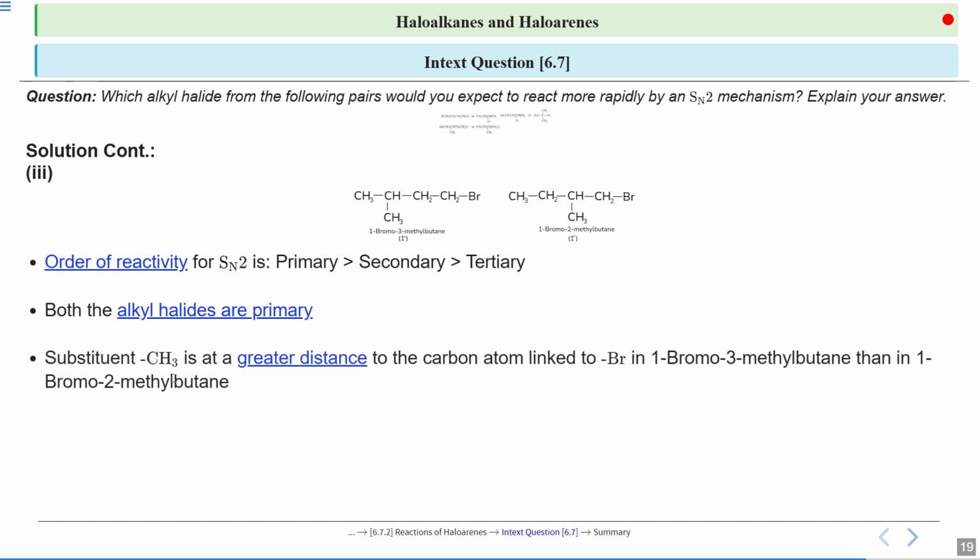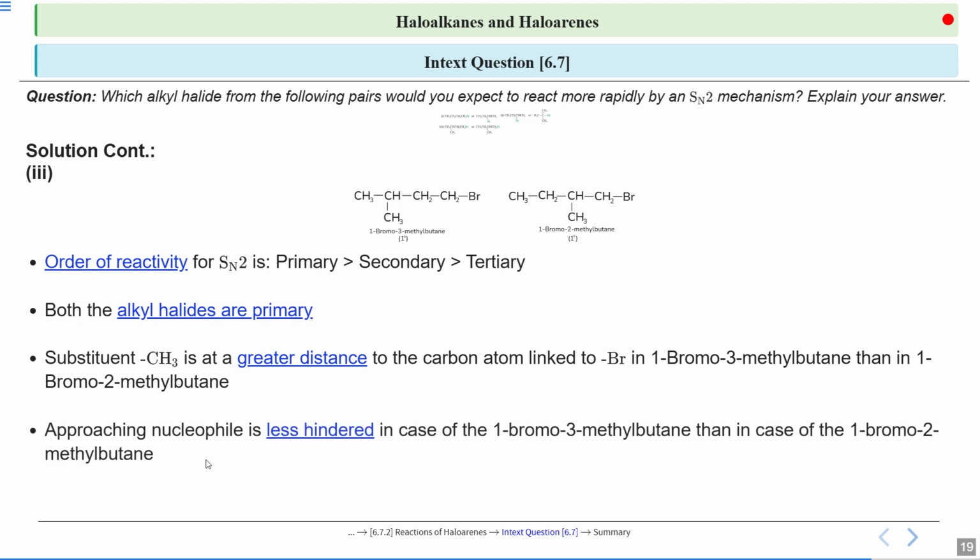The substituent, which is methyl, is at a greater distance from the carbon atom linked to bromine in 1-bromo-3-methylbutane compared to 1-bromo-2-methylbutane. In 1-bromo-2-methylbutane, the distance is closer.